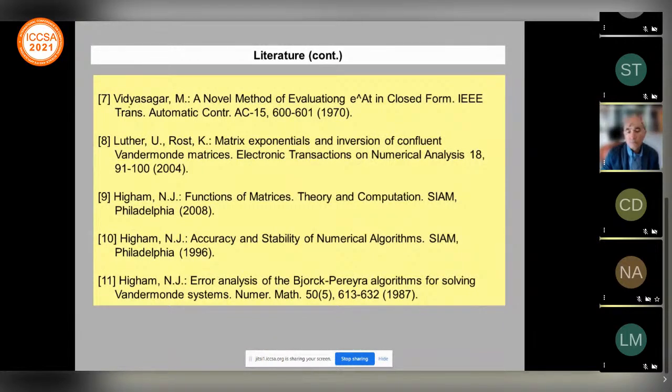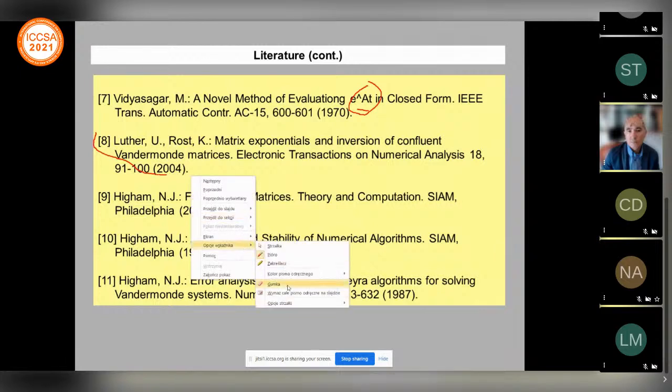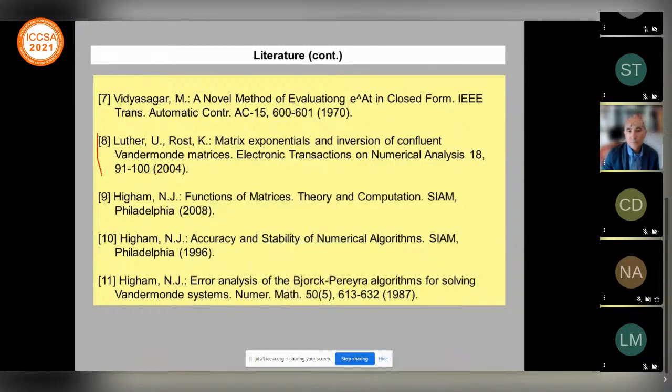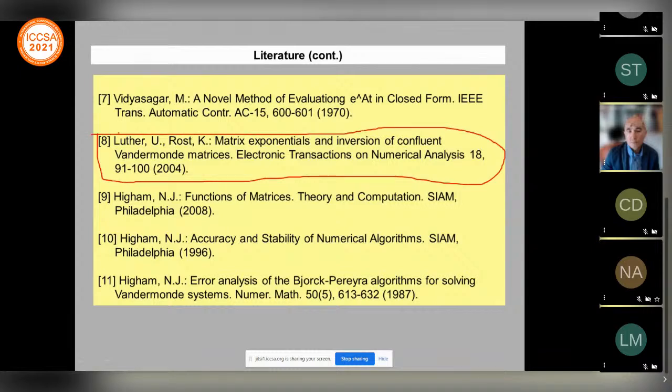Vidyasagar has proposed another method of calculating the exponent, but for a general matrix. We also have works which pertain to the exponent of confluent van der Monde matrices. This one calculates the exponent just of the confluent van der Monde matrix itself.